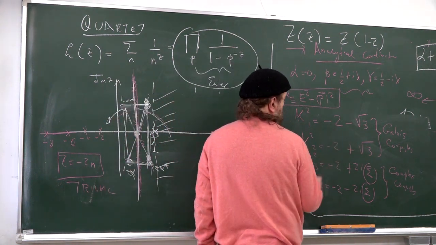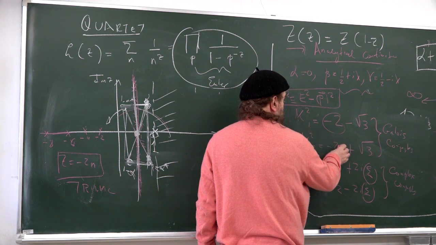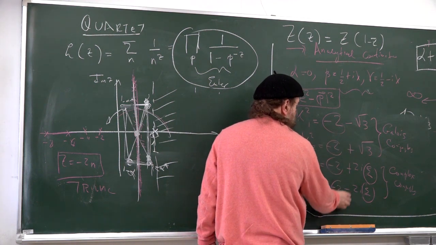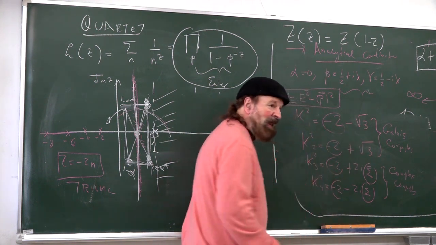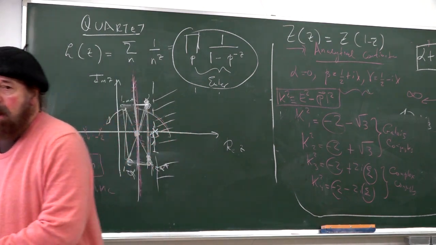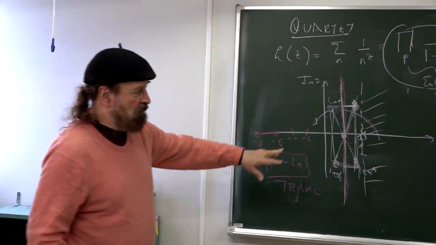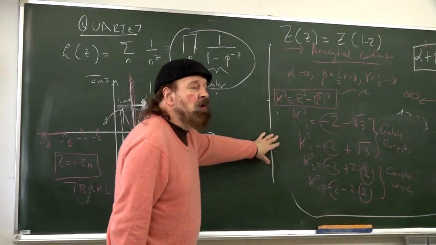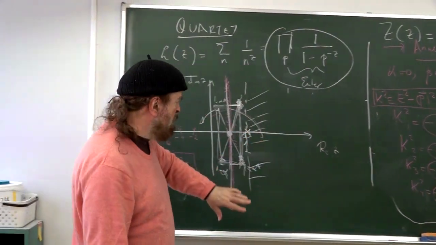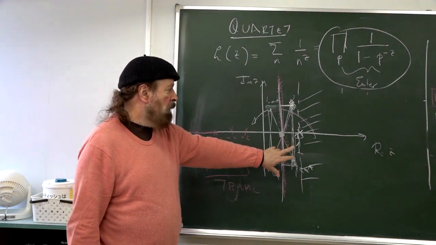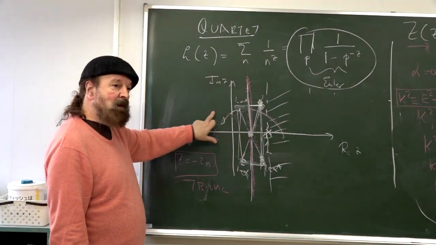Because remember, when you're on shell, you only have these values, but when you go off shell, you are performing an analytic continuation. And where does the analytic continuation come from? The analytic continuation of these kinematic variables originates from the analytic continuation that Riemann did to go from the real part to the whole complex plane.